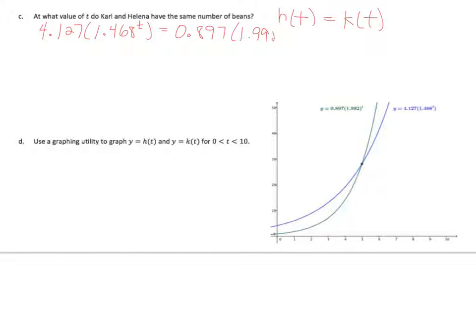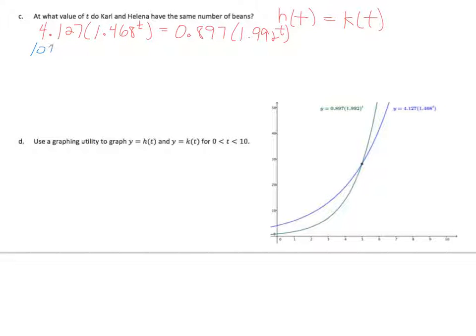So many decimals. I'm going to divide both sides. Well, it really doesn't matter. I can take the log right now, or I could divide the A's off of one side and take the log, but whatever. We're going to take the log of both sides of the equal sign.